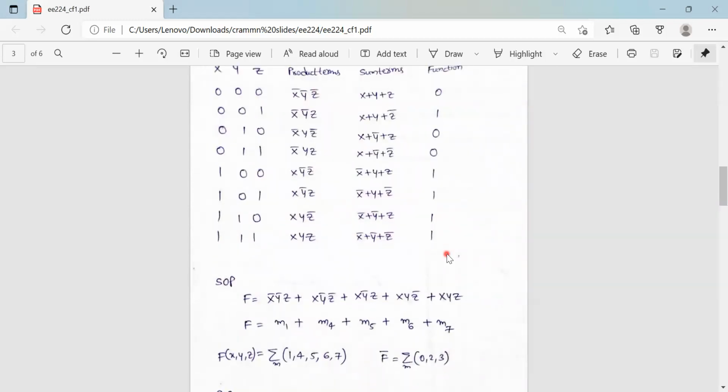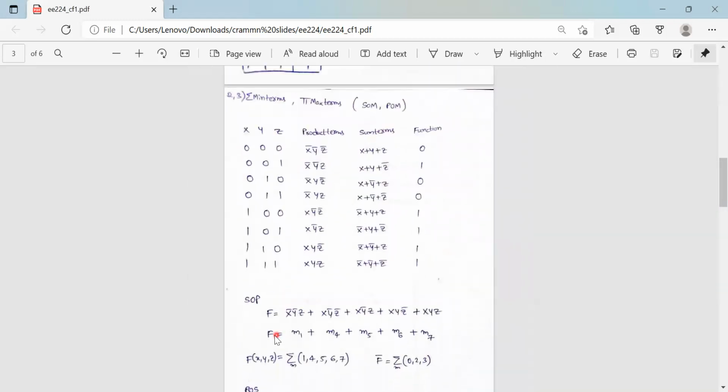We can write the function as a sum of min terms, that is, a sum of product terms. So we can find the min terms. These are the max terms because the ones are there.